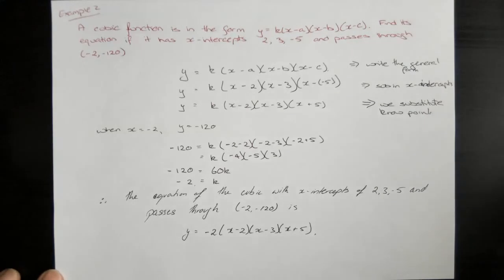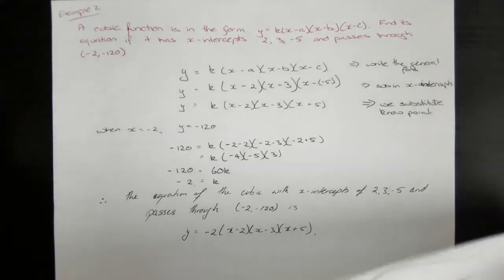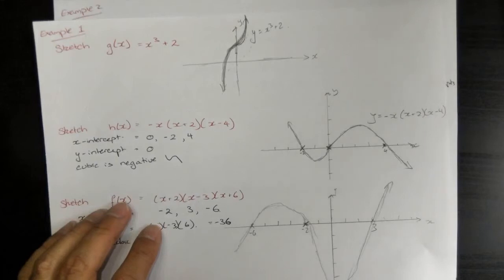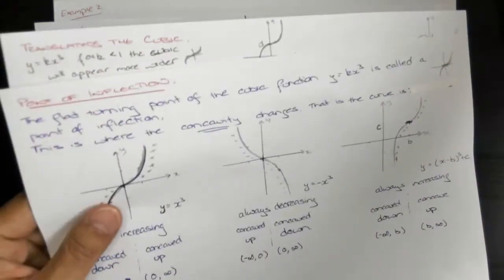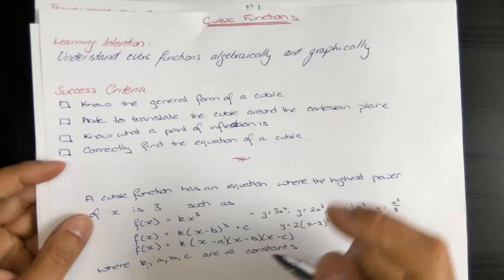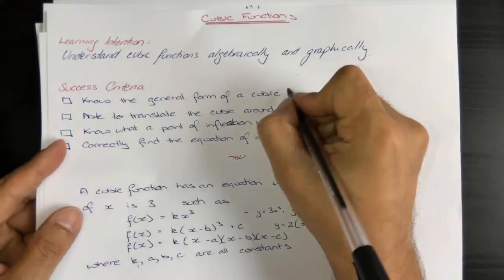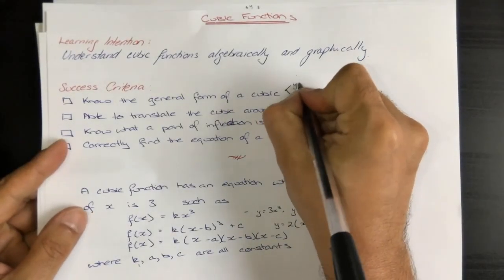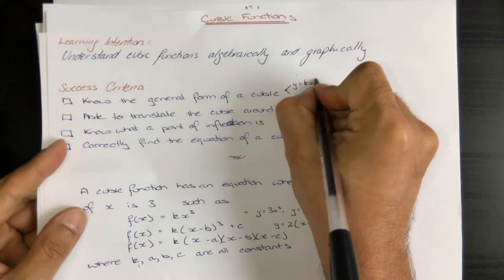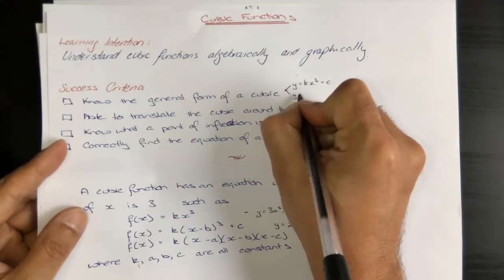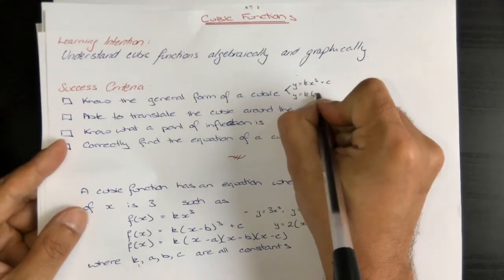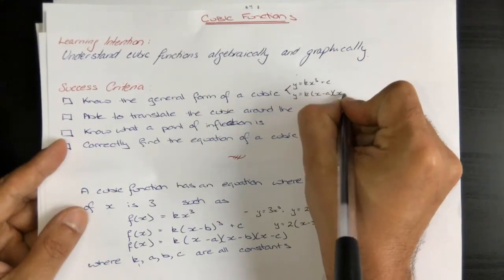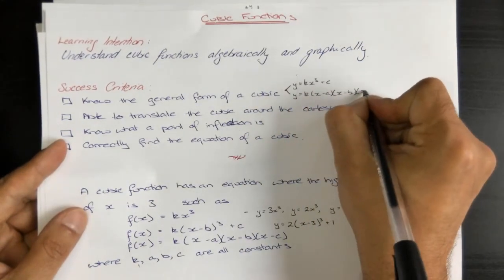Okay, and that's all the examples. So looking back at our success criteria, we need to be able to know the general form of a cubic. There are 2: y equals kx cubed plus c, or y equals k(x minus a)(x minus b)(x minus c).